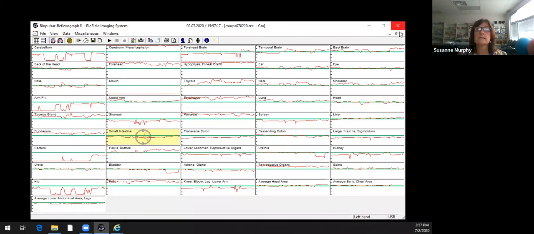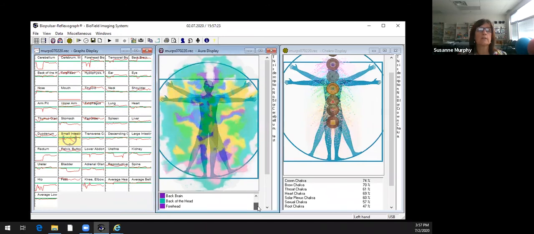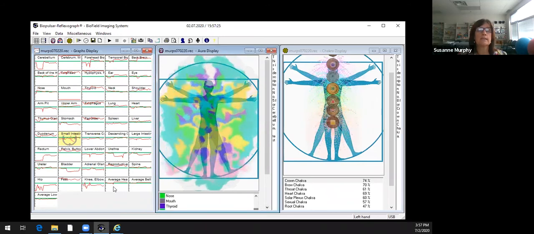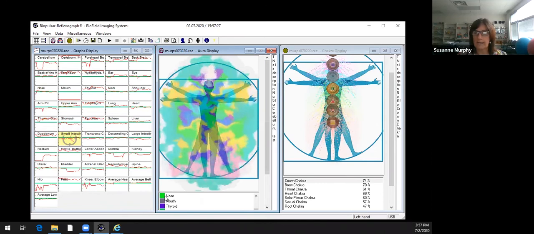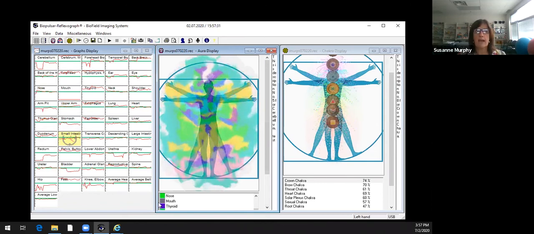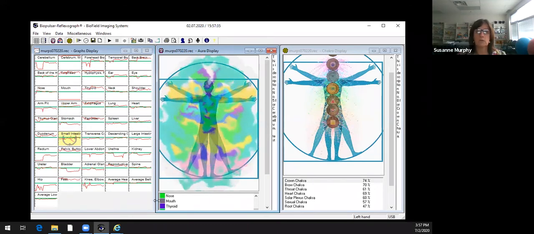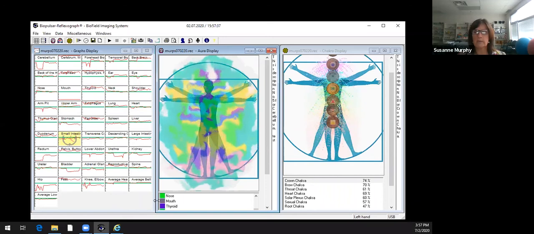However, one of the reasons why I love the aura perspective is that when we look at the results, for example, of my mouth, we can see that it is a flat gray. When I first started on the Biopulsar, my mouth actually was in a very dark, dirty color. What I did was I got all the mercury out of my mouth.